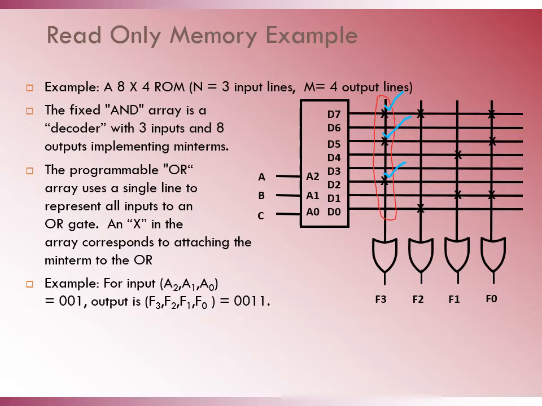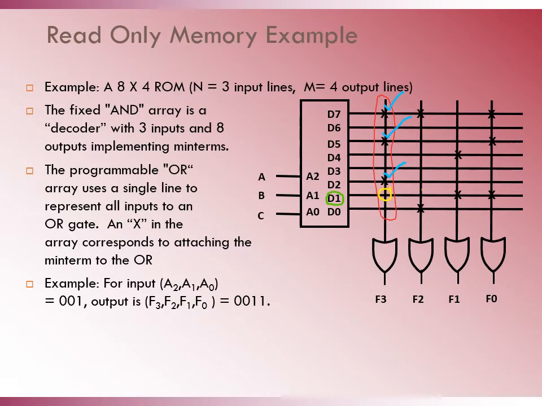Now let us consider an example of an input A2, A1, A0 as 001. 001 corresponds to the output of the decoder as D1. Now the data which is to be stored at D1 is 0011. That means at location F3 the data which is to be stored is 0, hence no connection is made.